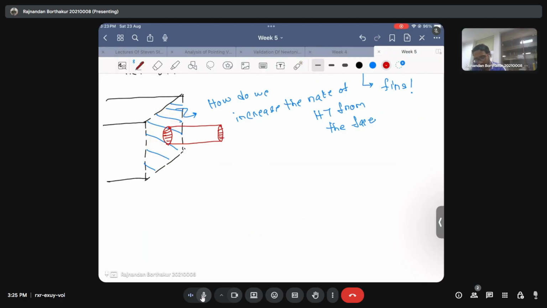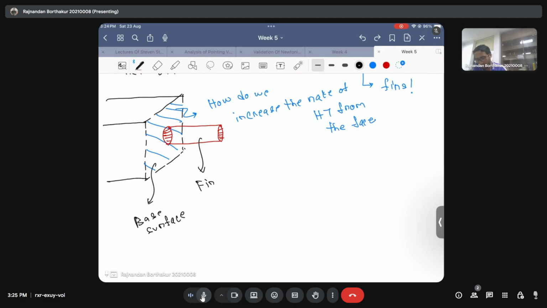This additional surface that gets protruded from the base surface, we will call the base surface. You have already seen that in your lecture series. The surface that gets protruded from the base surface is known as a fin.